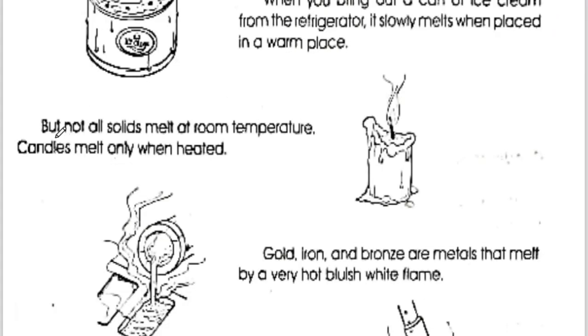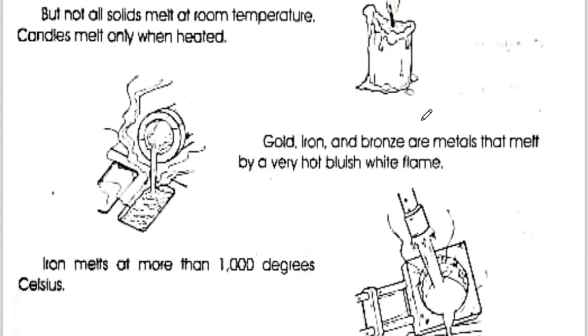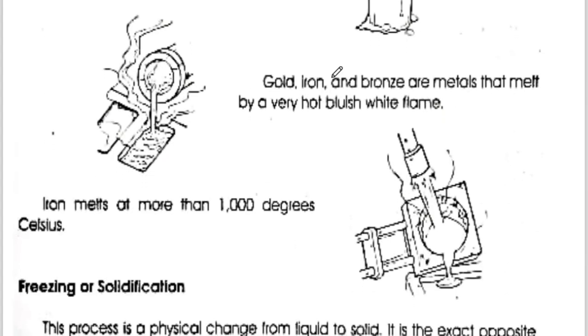Okay, now next, not all solids melt at room temperature. Candles also melt only when heated. Just like this one. Gold, iron, and bronze are metals that melt with a very hot bluish white flame.